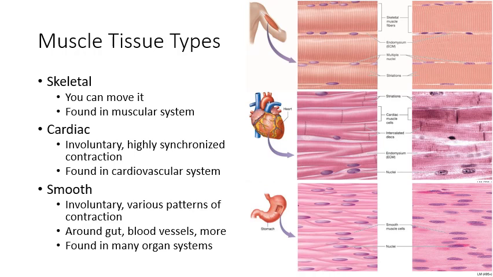So you can find that type of tissue lining your entire gastrointestinal tract, basically, where it contracts in a pattern known as peristalsis to move food down your throat and then through your intestines and through your stomach. Your blood vessels also, most of them have a coating of smooth muscle, so they can contract to raise your blood pressure and to control where blood is flowing in your body.